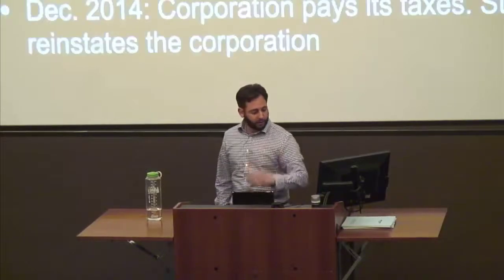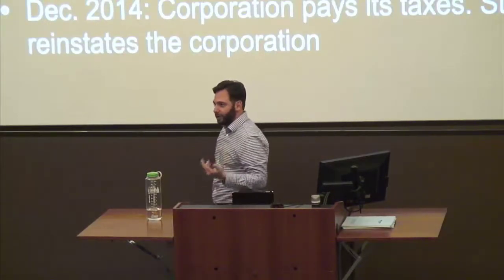Okay. So, defective incorporation, the third instance: reinstatement. We talked about reasons it can be administratively dissolved. When the corporation doesn't exist, the promoter has liability. This one's really simple. You pay your taxes, the corporation gets reinstated, and that applies retroactively. I'll give you that hypo very briefly. This is the second to last slide.